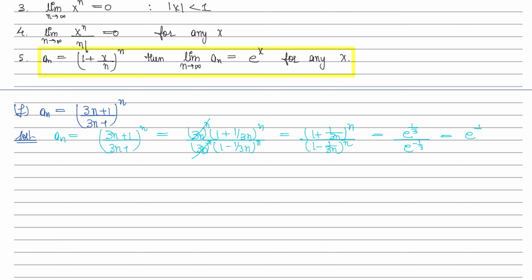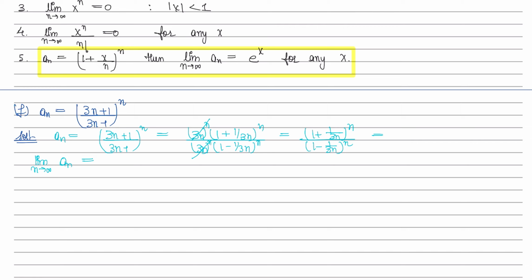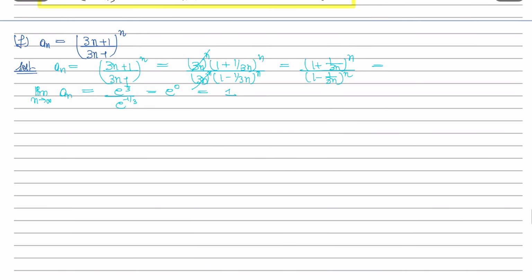Here we should take limit n tends to infinity. This is the correct form to write here. We should write limit n tends to infinity, an is equals to e to the power 1 by 3 upon e to the power minus 1 by 3 is equals to e to the power 0 is equals to 1. So, the limit of the given sequence an will converge to 1.